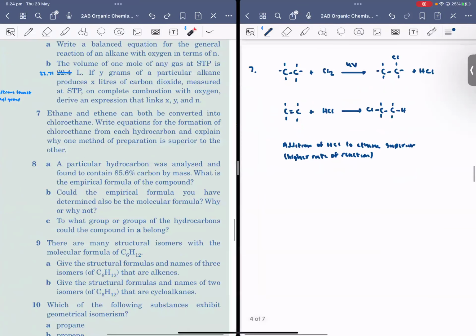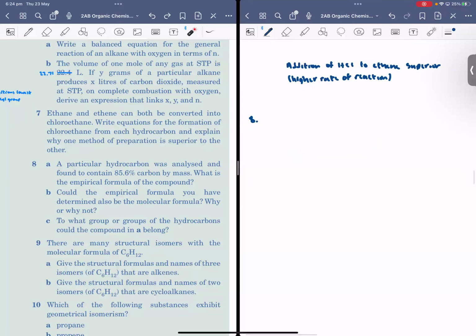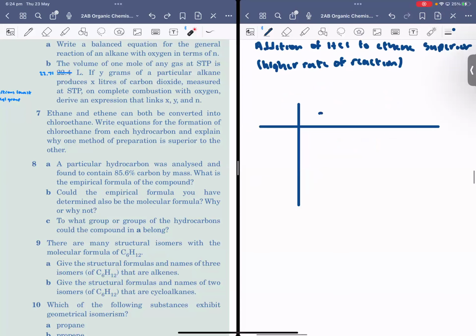Question number 8. A particular hydrocarbon was analyzed and found to contain this percent by mass. What's the empirical formula? All right. So what you do is this.